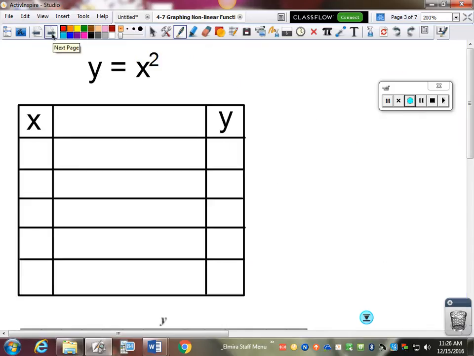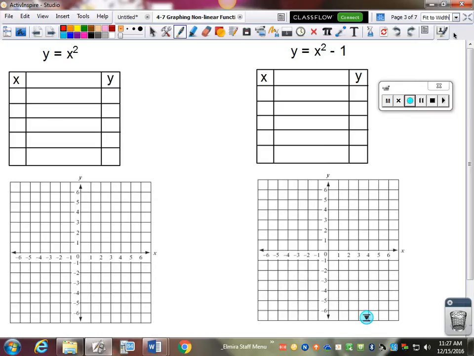So, on your homework and in our notes, all right, you guys have seen these input-output tables before, but when we were doing linear equations, we only used the numbers 0, 1, and 2.